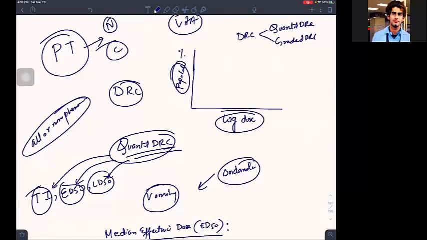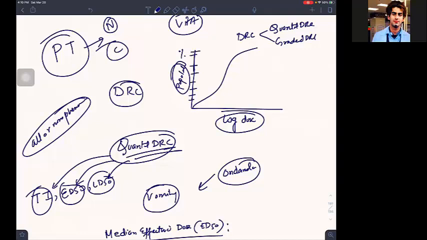Are we able to understand? So if I am giving a dose, for example, this is a curve. Let us make a curve like this. Where will the ED50 be? ED50 will be at this point. This is the population percentage: 10%, 20%, 30%, 40%, 50%, 60%, 70%, 80%.